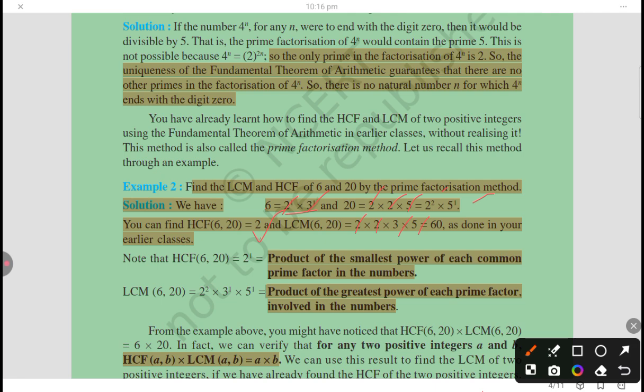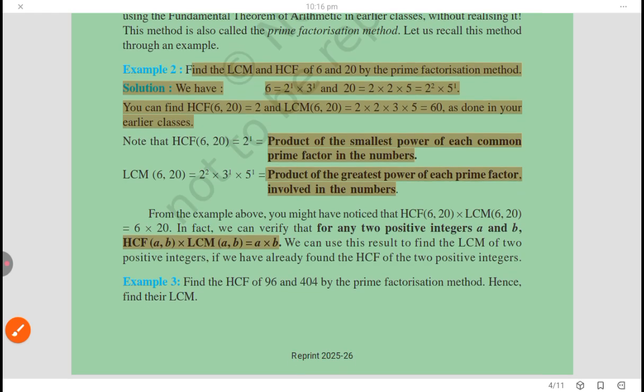So here note that HCF is equal to 2 and LCM equal to 2 power 2 multiply 3 multiply 5. So the relation between HCF and LCM: if you know two positive integers a and b, then HCF multiply LCM of these two numbers is equal to the product of the numbers a and b.